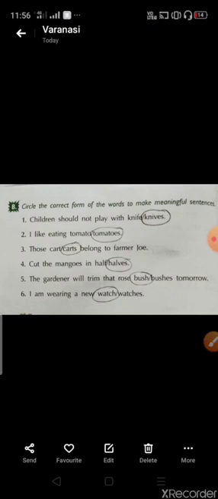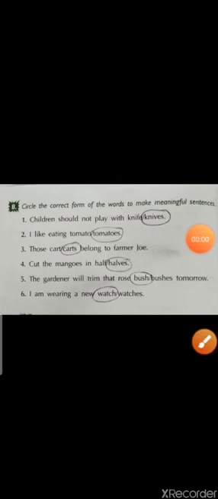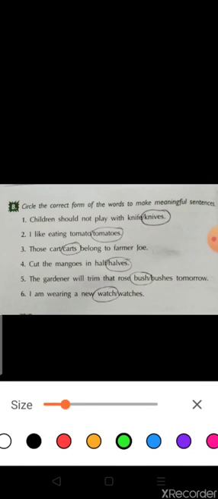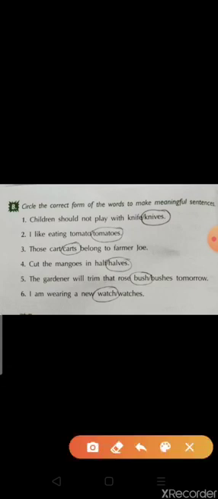Okay. So now, learn the spellings: knives, tomatoes, cards, halves, bush, watch.